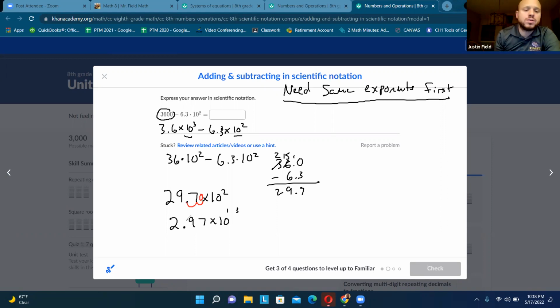We want to choose the option that would give us 1 0. So if we moved it 1, that would not give us 1 0, that would give us 29.7. We moved it 3 times from 2.97, that would give us the desired 1 0. 1, 2, 3 moves, and so 10 to the third.